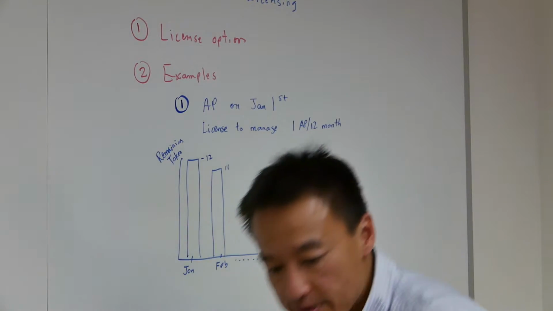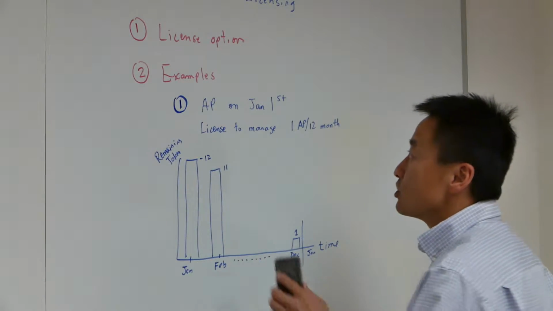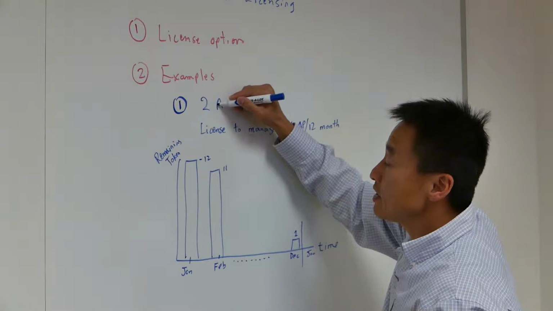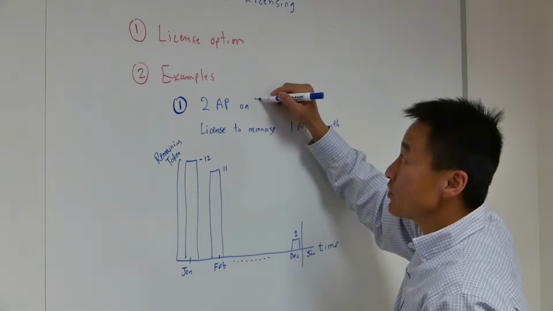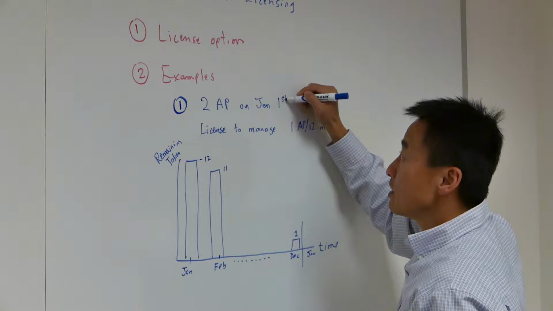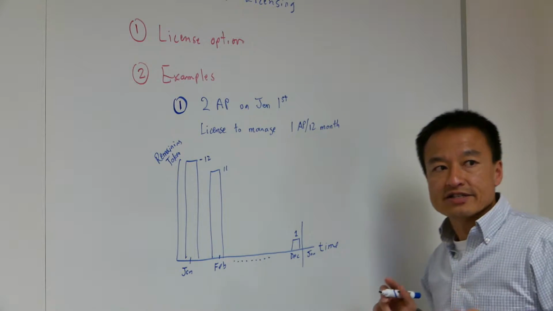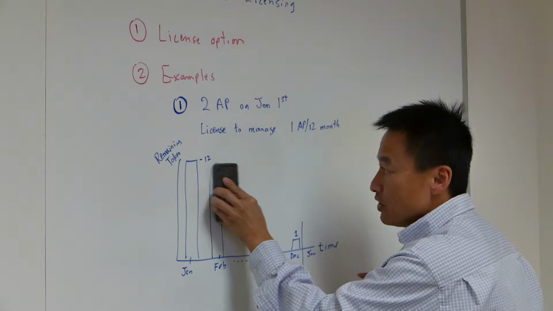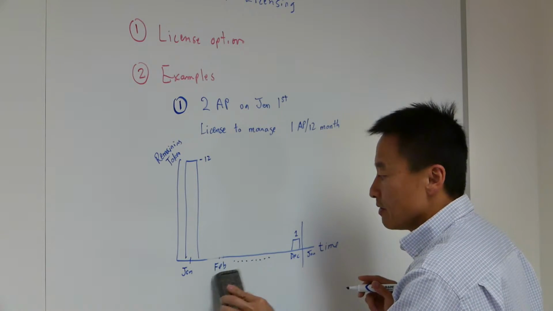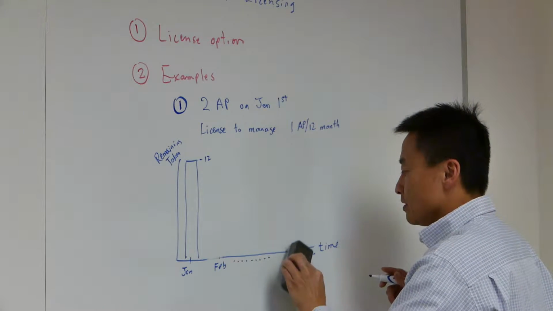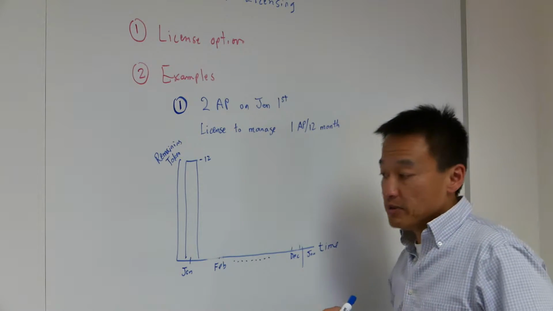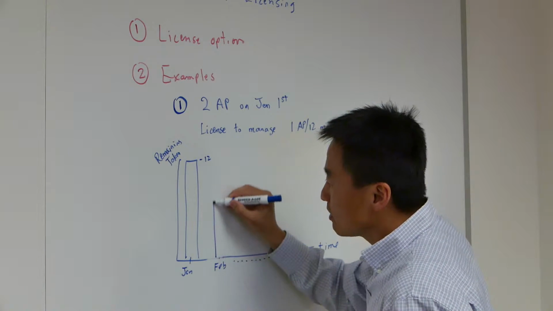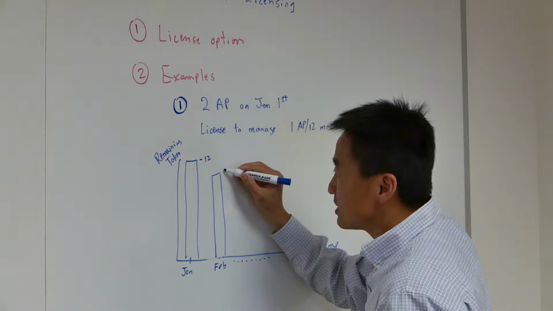What happens when we have 2 APs? Let's say we bought 2 APs on January 1st, and we still only bought that 1 AP for 12 months license. If I go through here, you'll see that initially you have 12 tokens. In February, because you have 2 APs, it's going to deduct 2 tokens, so you have 10 tokens left.